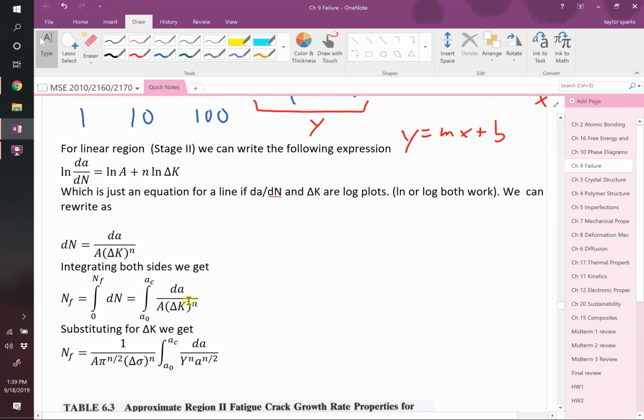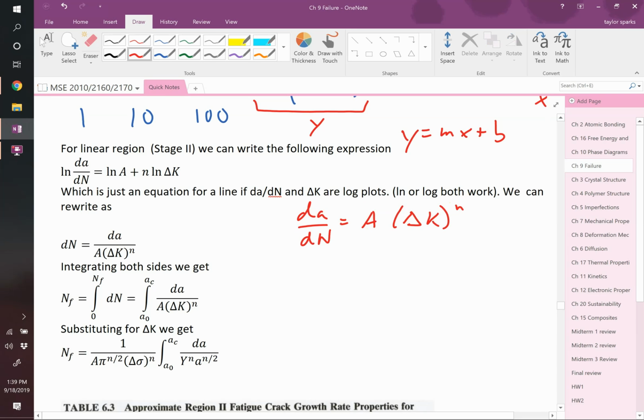But this is a differentiable equation, right? dA/dN, I can rewrite it like this. Our same equation which we had before, dA/dN equals A times delta K raised to the n. I can separate the variables, a little trick you saw at some point in calculus.